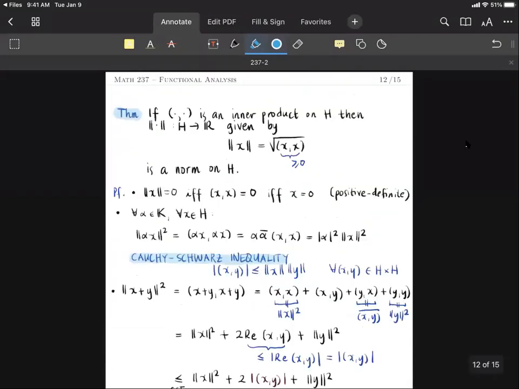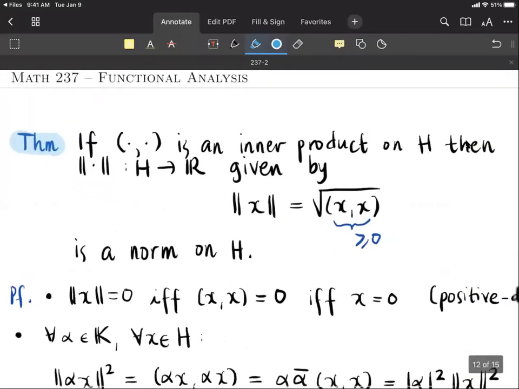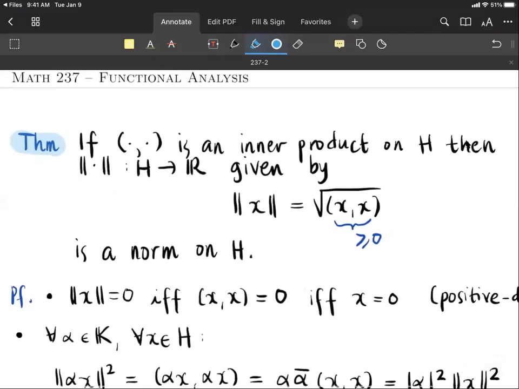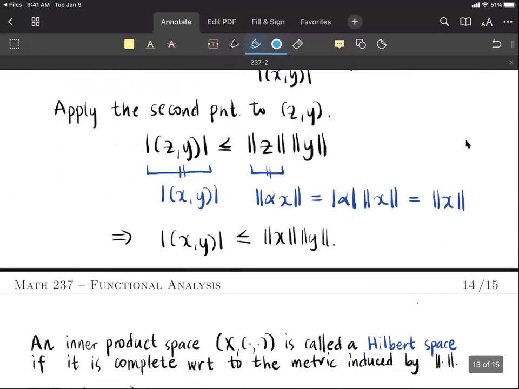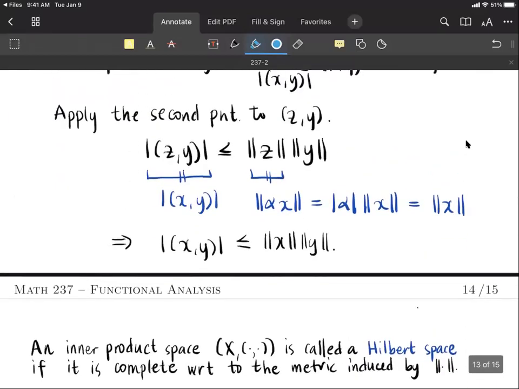So again, looking back at this theorem, if you have an inner product, you can generate a norm. And as we know previously, if you have a norm, then you can talk about the metric and hence completeness. So in that case, we call it a Hilbert space.